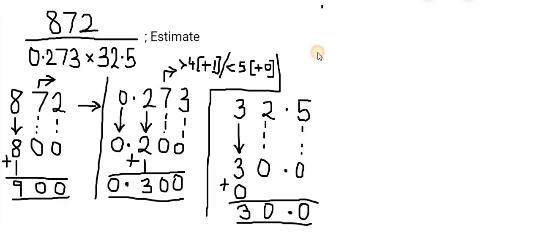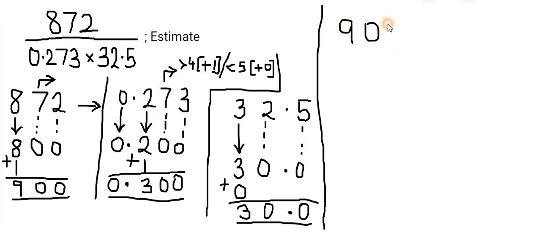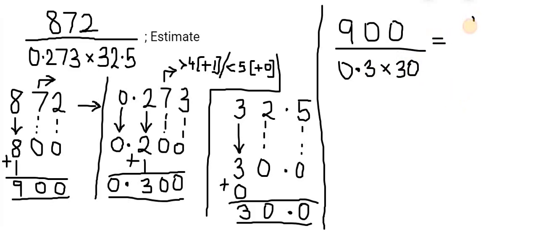So to solve the problem, we're going to use the rounded values. So that's 900 over 0.3 times 30. So that would be 900 over 30 times 0.3. I believe you can do that now, multiplying decimals and all.